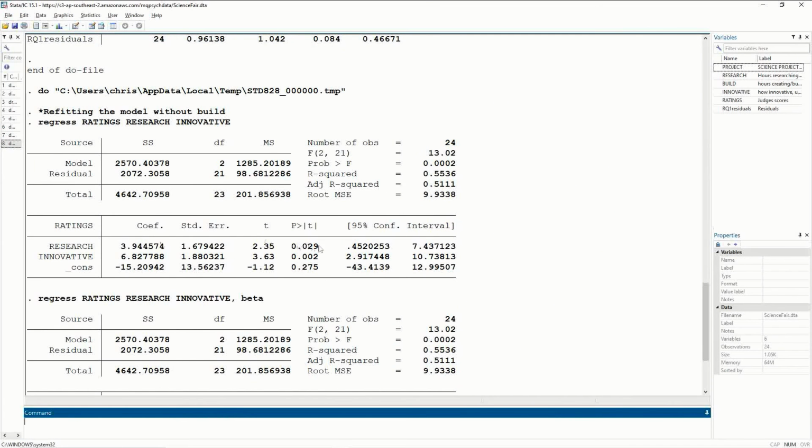And what we notice is that research is now significant, meaning that by removing building from the equation, we actually increase the amount of variance explained by research, enough that it is now a significant predictor. Whereas before, with building, it was a non-significant predictor, suggesting that they had quite a lot of shared variance.